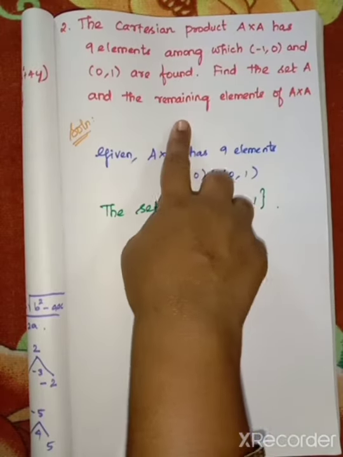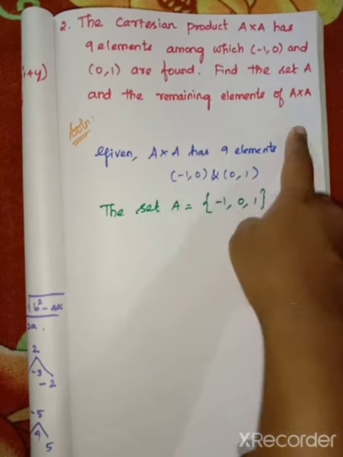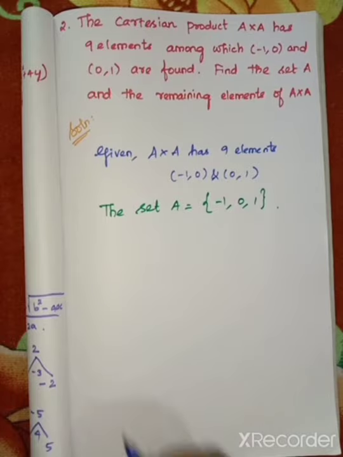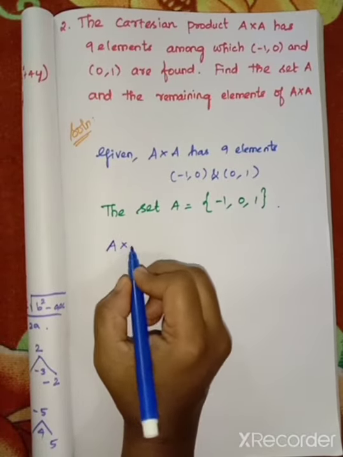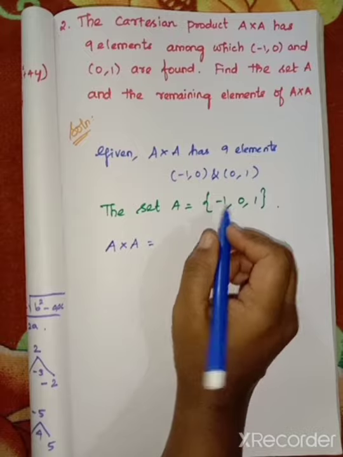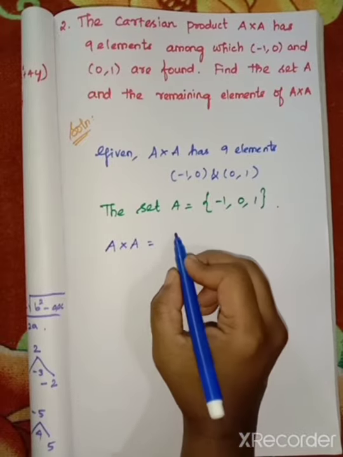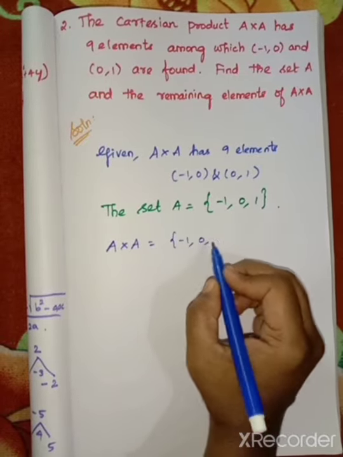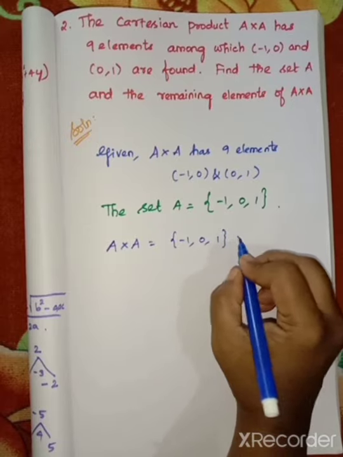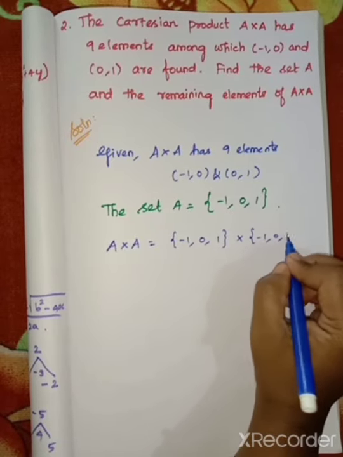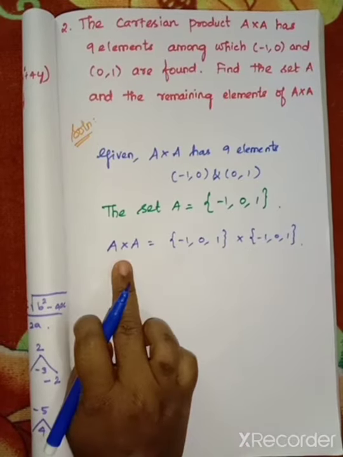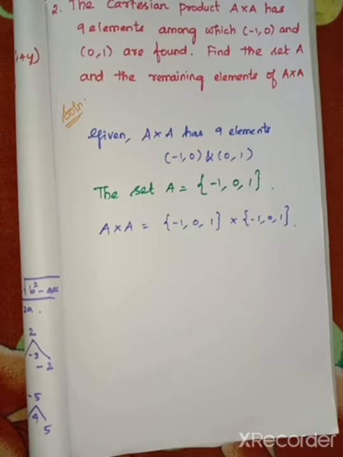Now we want to find the remaining elements of A cross A. So now we write A cross A using the set. The set A is the set of minus 1, 0, 1 cross minus 1, 0, 1. Cartesian product means, by definition, the set of ordered pairs.